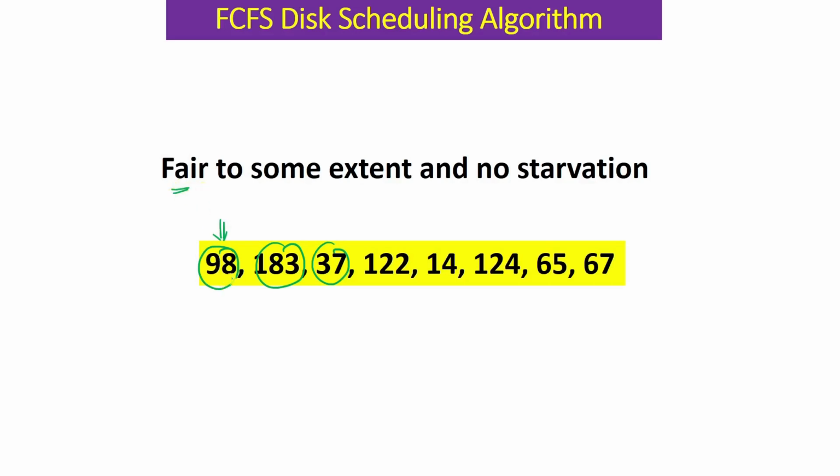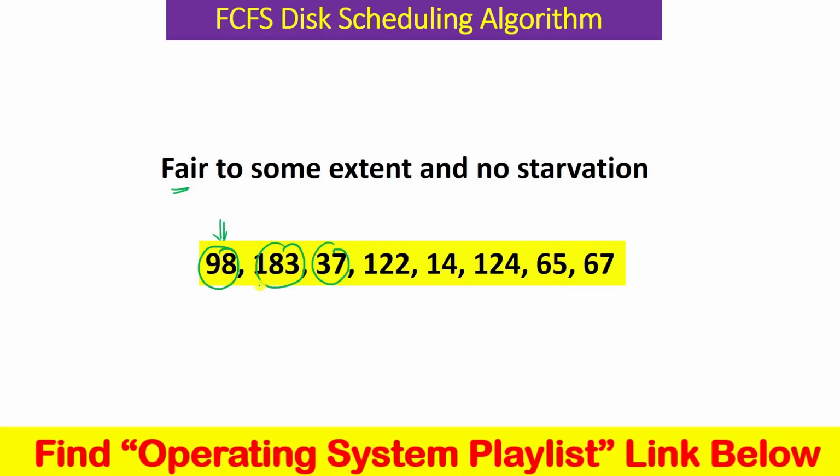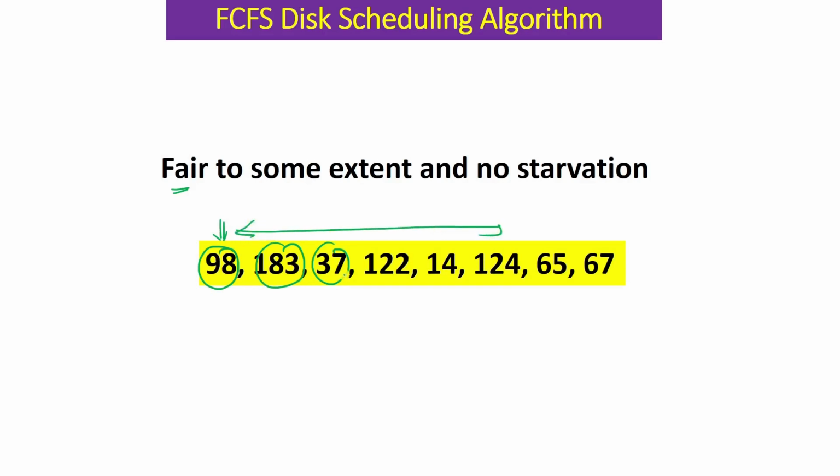And there is no starvation problem. Starvation is when a request is waiting inside your request queue and its turn is not coming. Here there can be no starvation, because after these requests are fulfilled, that is 98, 183, 37, 122, 14 and 124, then for sure the turn of 65 will come.